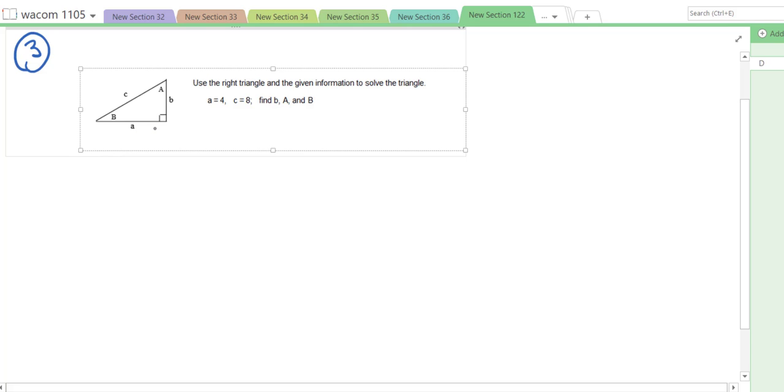And C is 8. So you're going to use Pythagorean's theorem to find B. So A squared plus B squared equals C squared.